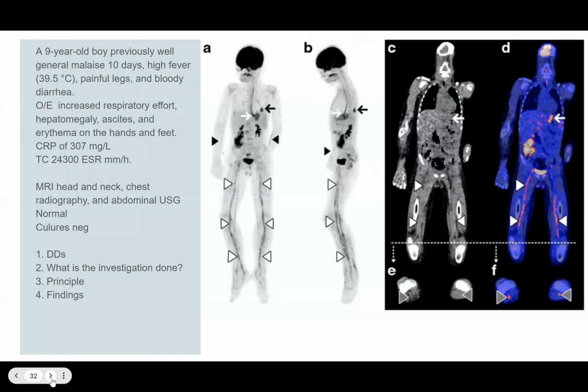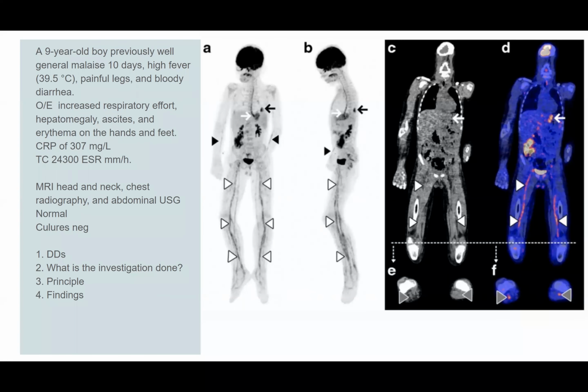Now this question, what is this? Ma'am, it can be a systemic onset juvenile idiopathic arthritis or a systemic malignancy. Okay. So in systemic onset juvenile arthritis, where do you expect the findings to be?